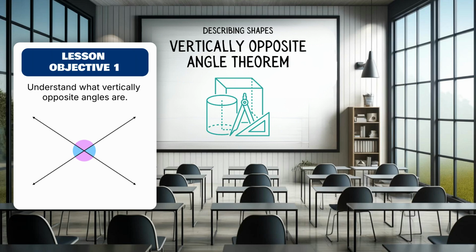In today's lesson, we delved into the concept of vertically opposite angles and then the vertically opposite angle theorem, a fundamental result in geometry. We started by considering what happens when 2 lines intersect, creating 4 angles at the point of intersection. Using the property that angles on a straight line add up to 180 degrees, we demonstrated why these pairs of vertically opposite angles are equal.